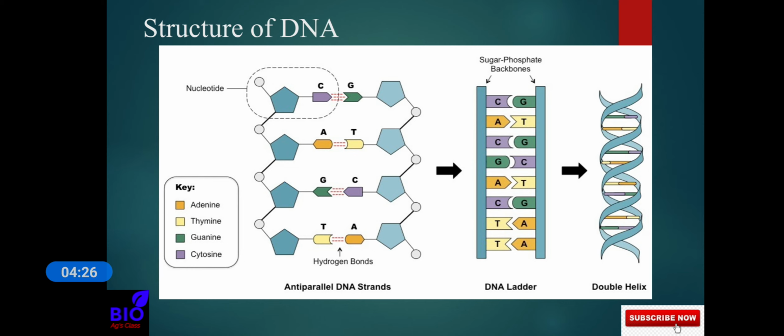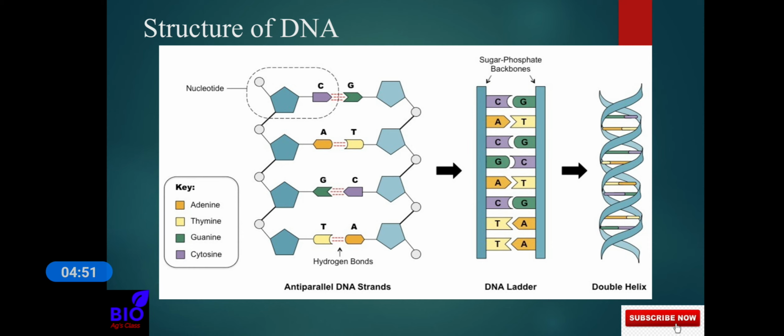The DNA structure is a double helix structure because it looks like a twisted ladder. If you have one ladder that is twisted, how would it look?